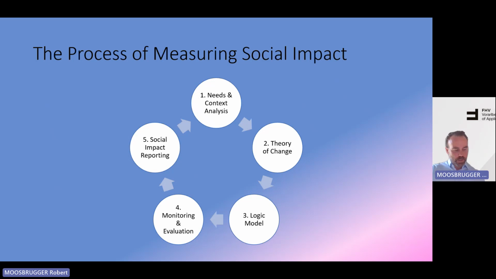Now, first of all, I'd like to point out that there is no single internationally accepted conceptual framework or methodology for social impact measurement. Nevertheless, the process of measuring social impact is fairly standardized. Most organizations follow the same steps, and these steps include 5 elements.